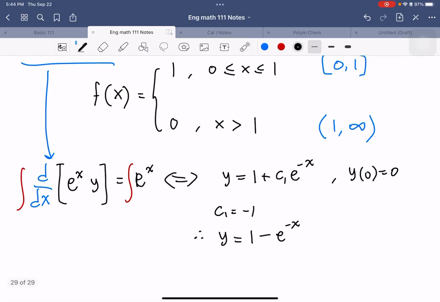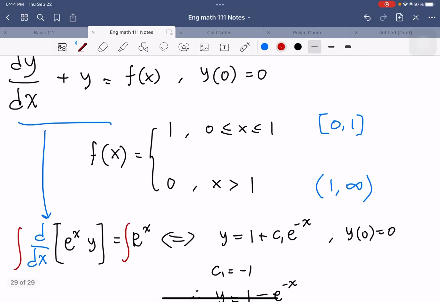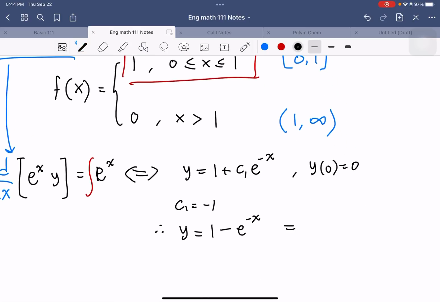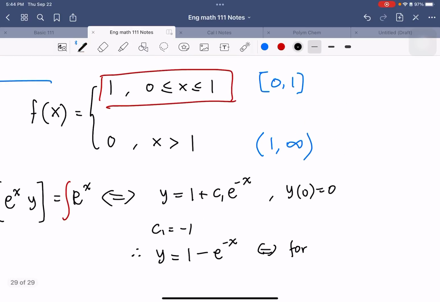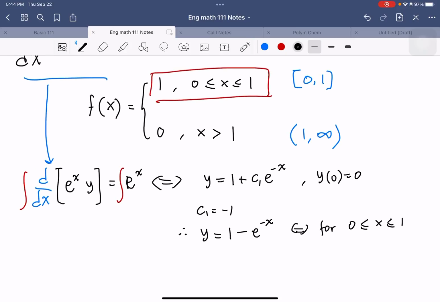Now this is for the first interval. We need to have two solutions because we have two intervals of solutions. The other solution will be equal to 0.